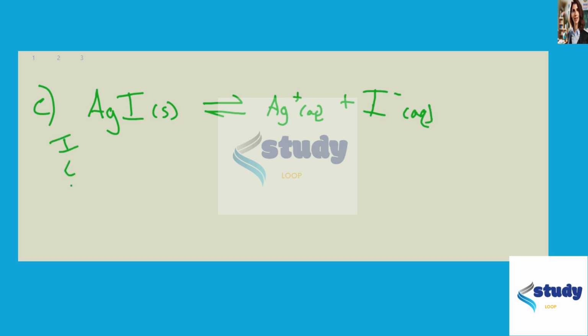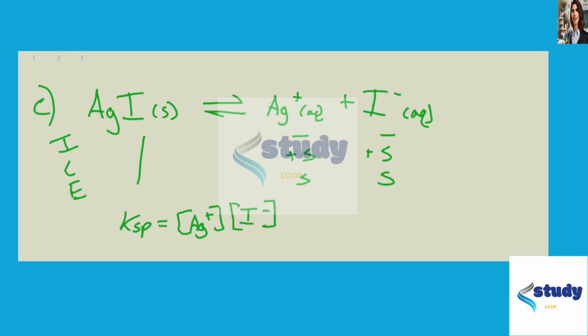So once again, we draw our ice table. We have a 1-to-1 ratio here, so the changes are simply S. And so we write KSP is equal to the concentration of silver times the concentration of iodide, and that is equal to S squared.